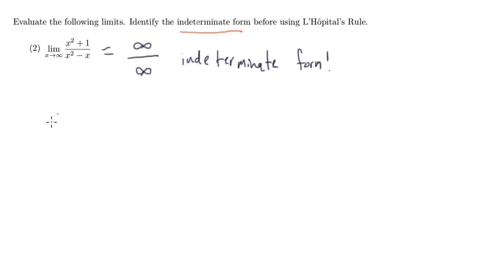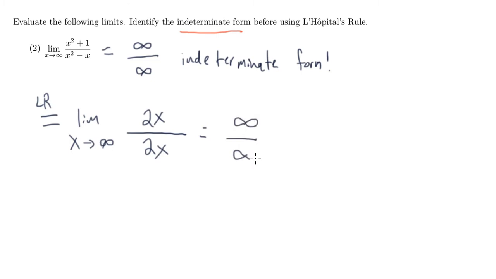Okay, then I just say that this is equal, by L'Hopital's rule, to the limit as x goes to infinity of, I just take the derivative of the numerator, that's 2x, and then the derivative of the denominator, which is also 2x. Then I try to plug in infinity. Again, I get infinity over infinity.